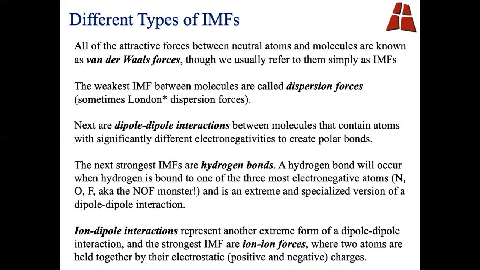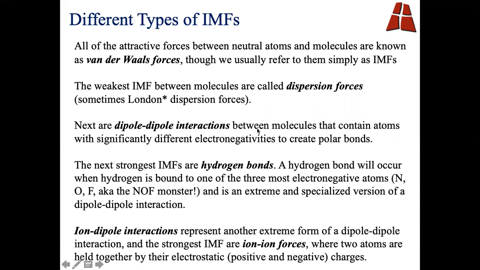Also a reminder of the three different types, or I guess four different types, that we'll talk about in this class. The first three are the main ones. These are all different types of van der Waals forces. So all of the forces, these four forces listed here, are all van der Waals type forces. The weakest of which is dispersion forces, sometimes called London dispersion forces.